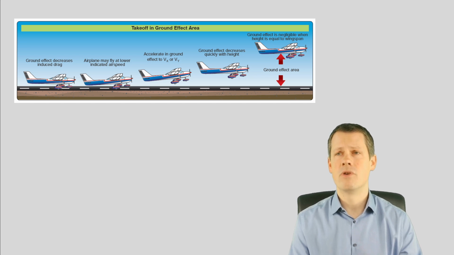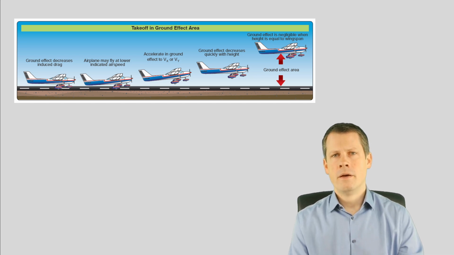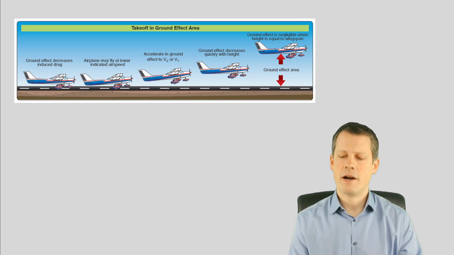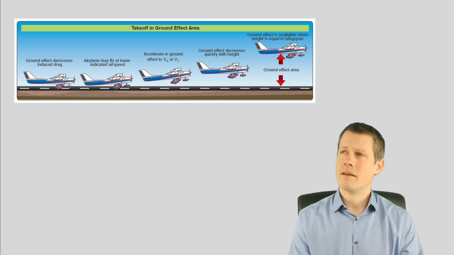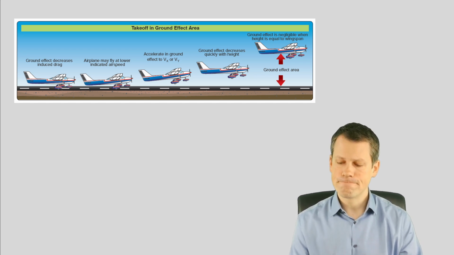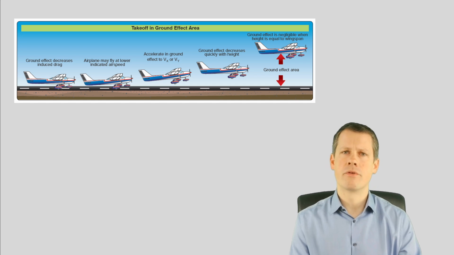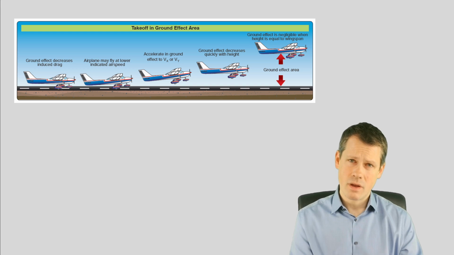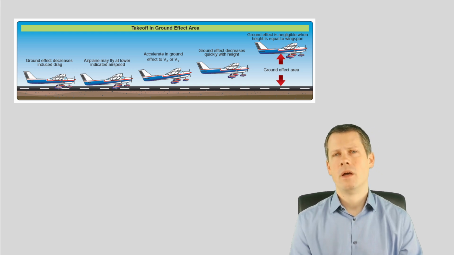Actually, you should do that before every flight. And then the failure to check the conditions again before departure. Another common mistake is to omit checking the approach sector when lining up on a runway for traffic. Also the wrong use of throttle, so too fast or too slow when applying takeoff power.